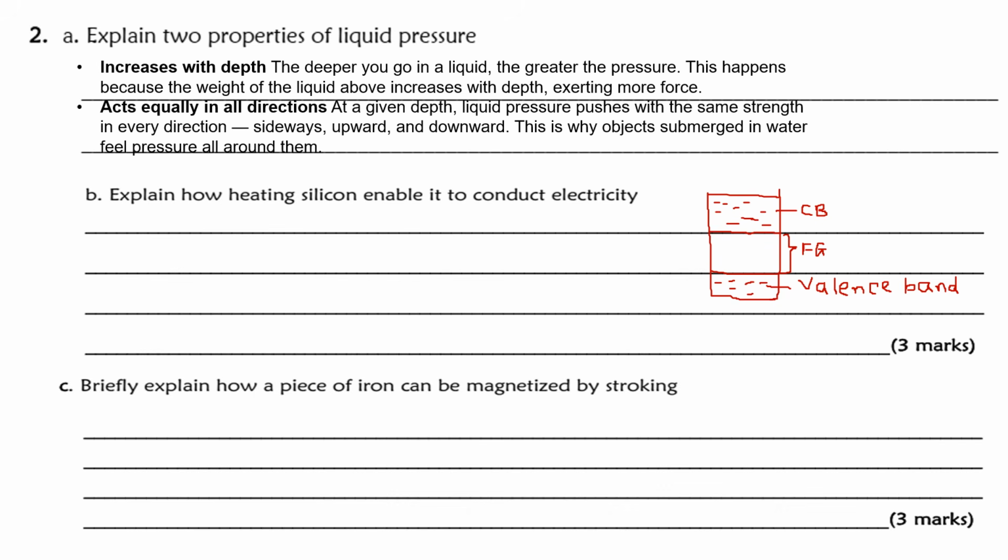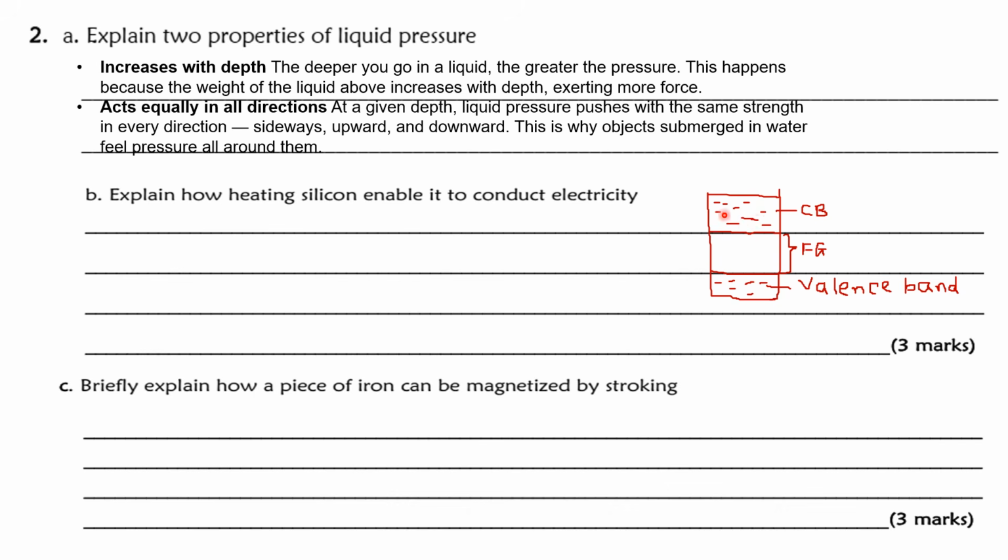So, in order for it to conduct, electrons must migrate. The valence band is similar to the outer shell electrons. So for a material to conduct, electrons must jump from here through the forbidden gap to the conduction band.